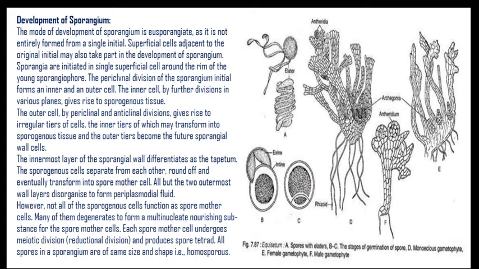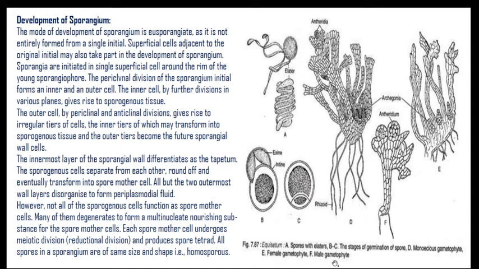And then D is nothing but a monoecious gametophyte, which shows archegonia developed at the basal portion and antheridia at the apical portion of a single thallus, while E and F are two different thallus structures, two different plant bodies, which show the presence of archegonia, that is a female gametophyte, while the development of antheridia within a single thallus is a male gametophyte.